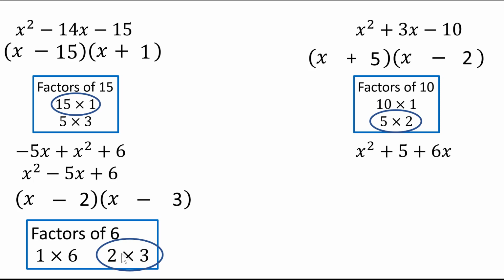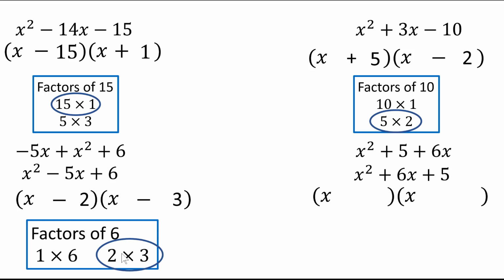The next one is also out of order, so you need to switch it around. So the x squared is first, and then comes the x term, 6x, and then the 5. This looks almost exactly like the one before it, except that now you've got plus 6x and you've got plus 5. Now, the 6 and the 5 are switched. All right, so you're looking at the constant, which is 5, and you would look at the factors of 5.